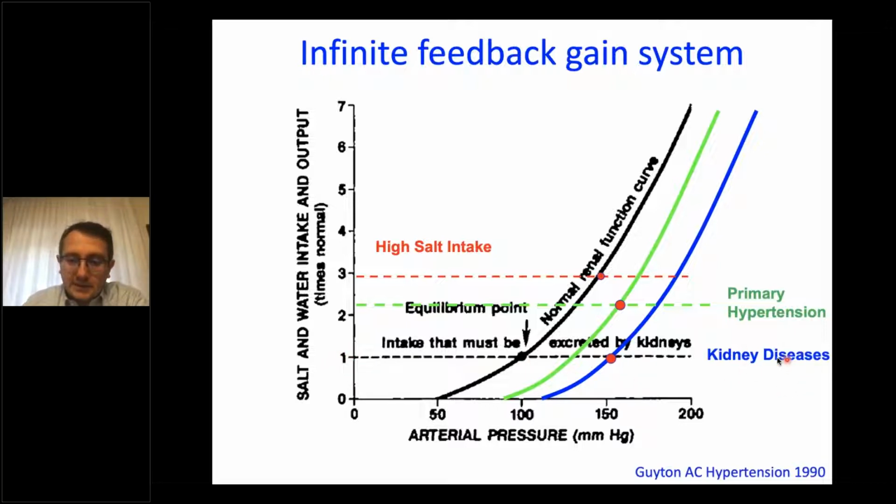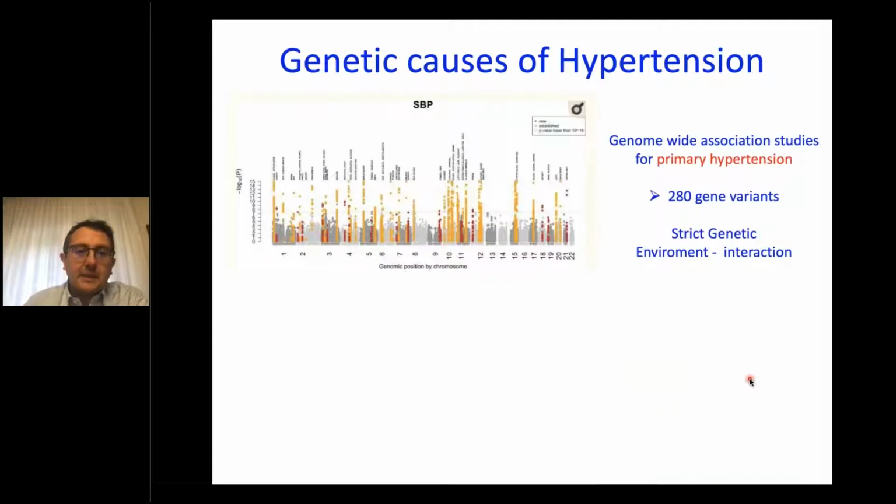And among these kidney diseases, we can include the monogenic forms of hypertension that are associated with an extraordinarily high salt retention. Many attempts have been made to try to identify the genetic forms that stand behind primary hypertension.